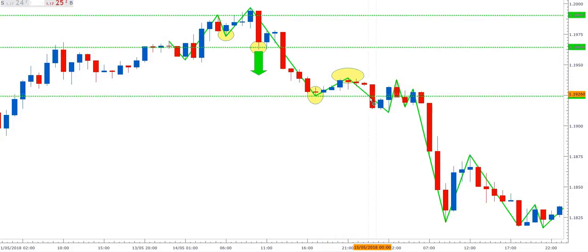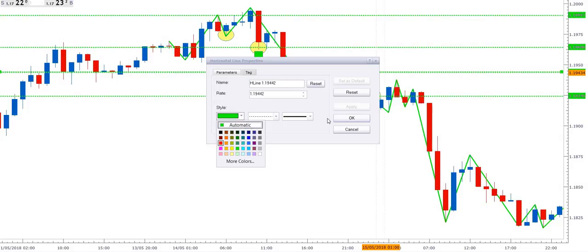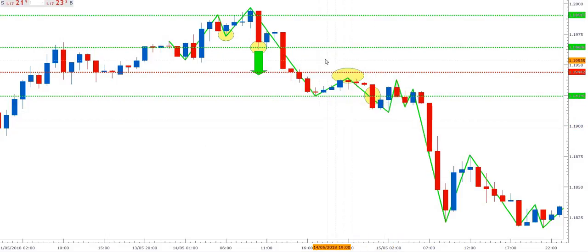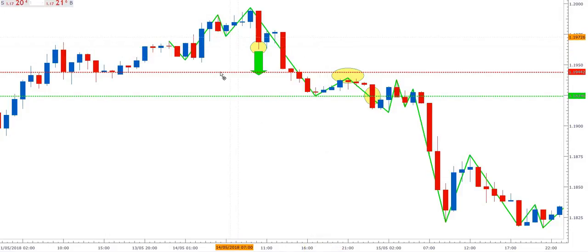When the price comes down and breaks our low, which is that point there, that's when our low was broken, that's when we move our stop loss down to just above the most recent high, which is this one. So our stop loss goes 10 pips above that. I'll make this line red, and that can be our stop loss. We don't need these other ones here now. I'm just trying to make it less confusing with all this other info.